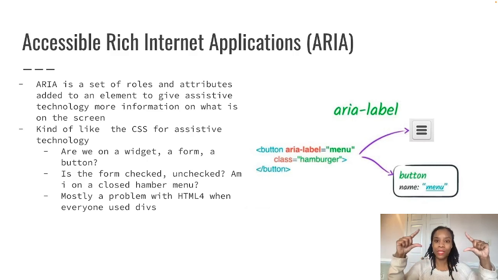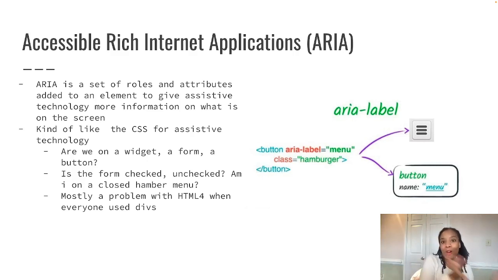We may want to use the section, header, nav, footer, aside or article tag so that people know where they are on the page. So we have a lot more tools now for screen readers to understand what's going on on the page. So we don't really have to use ARIA that much, but we do have to know that it exists and that it's something we can use to better convey what's on our screen.